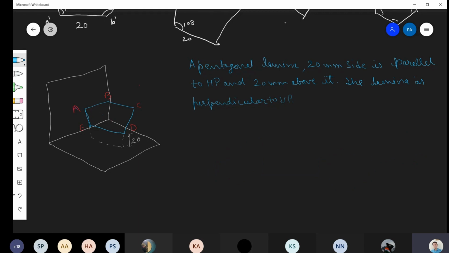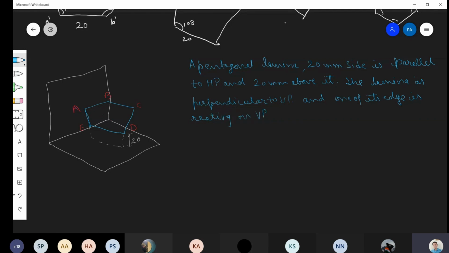The lamina is perpendicular to VP. And two of its edges are inclined at 108 degrees. No. Perpendicular to HP, and one of its edges is resting on VP.